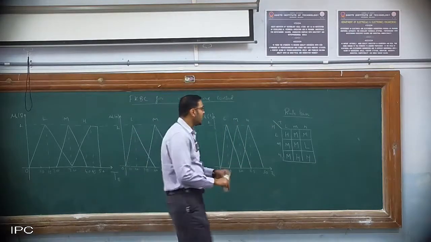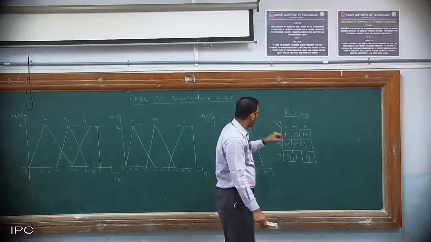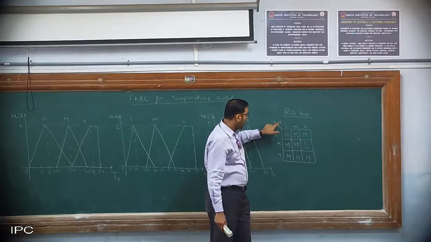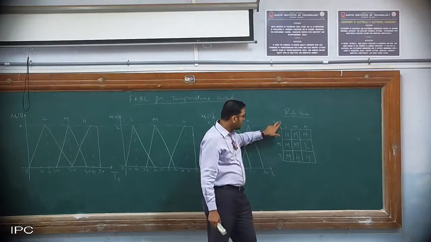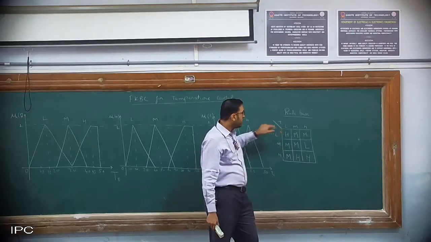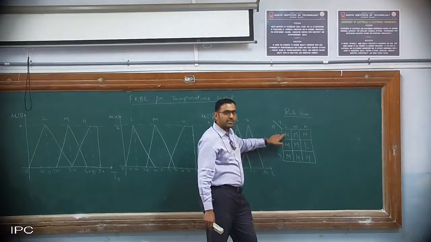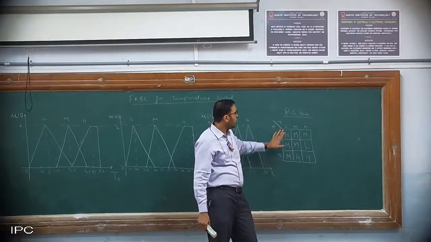So basically these are nothing but the if-then rules. For example, we can say for this rule as: if the external temperature is low and humidity is low, then the internal temperature is medium. So this is how we have to design the rule.